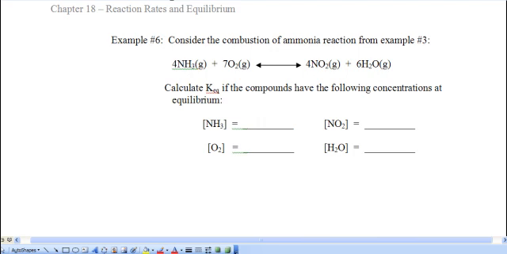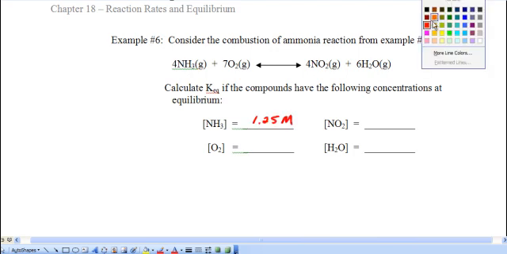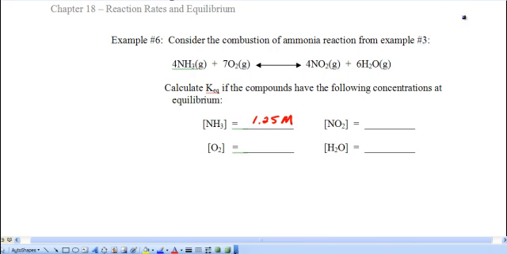In this question, it says, consider the combustion of ammonia. We've actually done this reaction in example number 3. And it says to calculate the KEQ if the compounds have the following concentrations at equilibrium. So let's go ahead and give you those values. Let's say that the ammonia has a concentration of 1.25 molar. Let's say that the oxygen has a concentration of 0.50 molar.